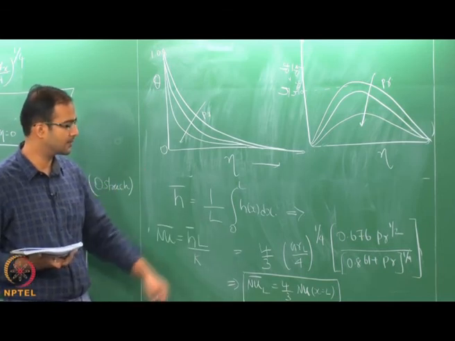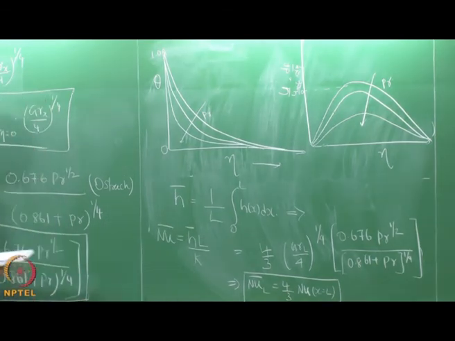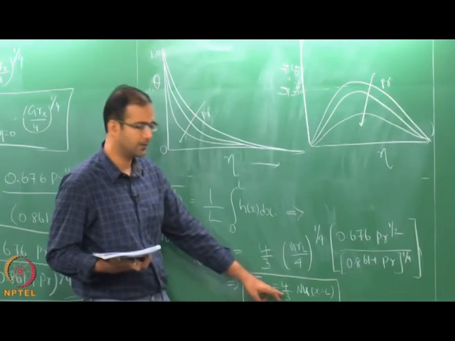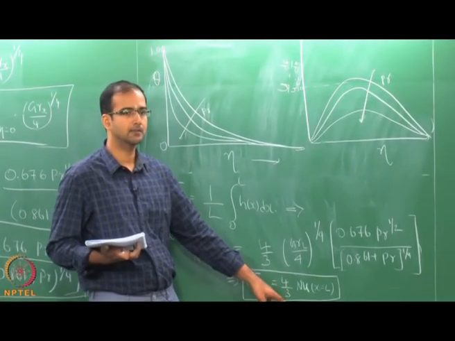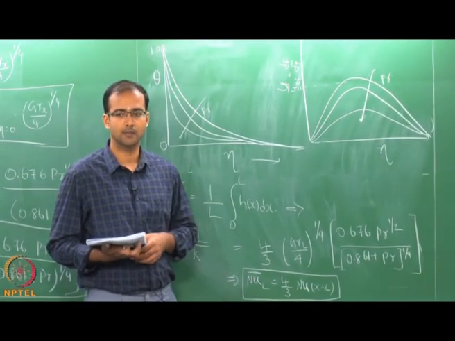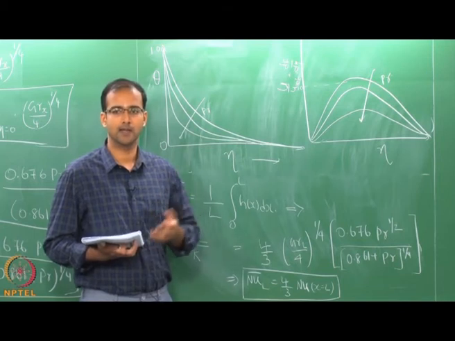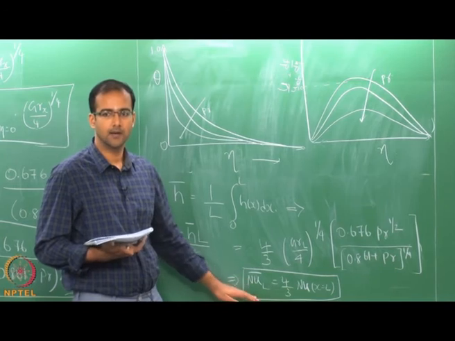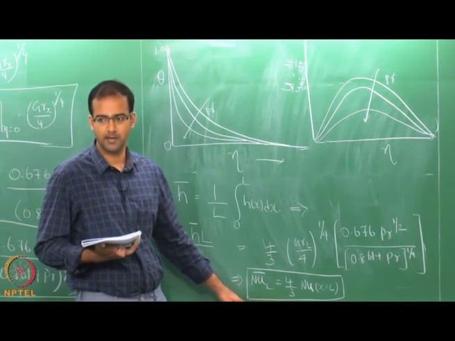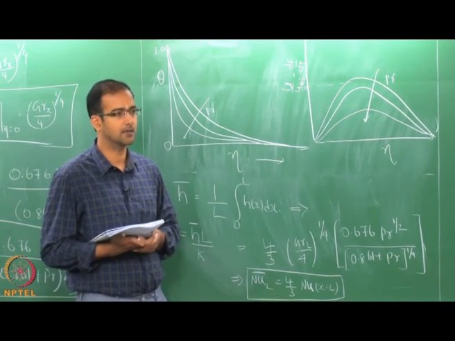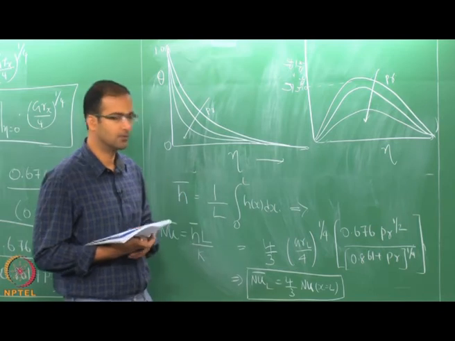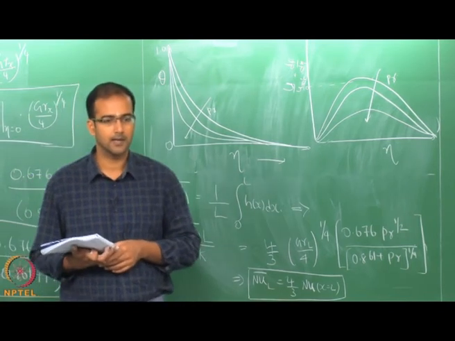So, the Grashof number will be defined based on the plate length, and therefore, you will get the expression that the average Nusselt number will be 4 by 3 times the local Nusselt number when your x is replaced with L. Okay. So, this is another useful relation that you can use when you are doing calculations for heat transfer rate and so on, where you define your heat transfer coefficient based on the entire plate length.